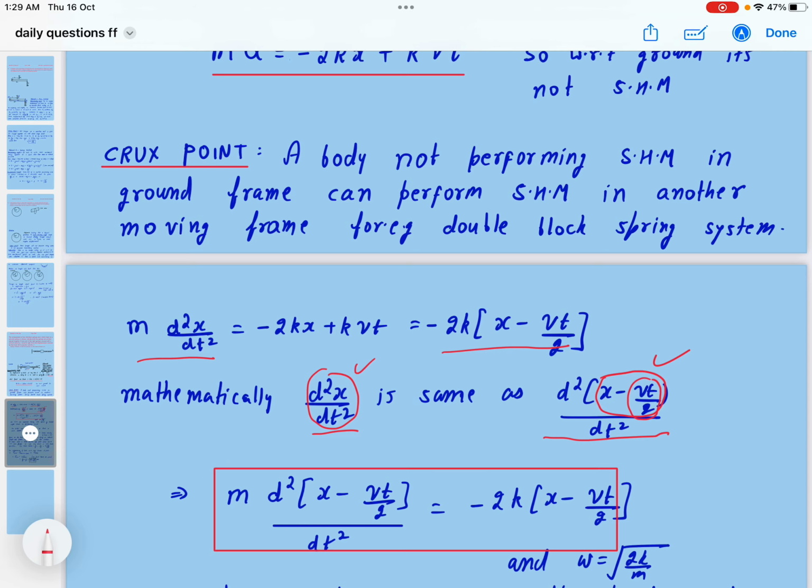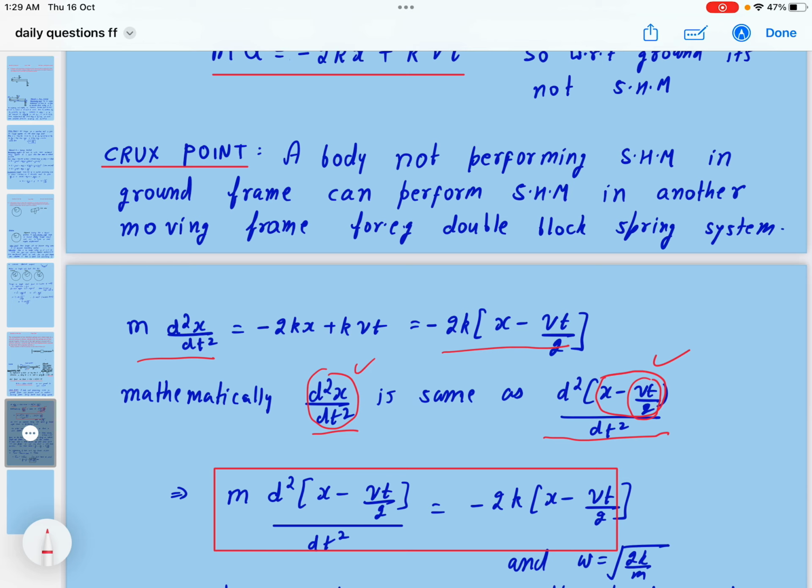It means this variable, x minus vt by 2, is performing SHM. So x minus vt by 2 performing SHM means what, beta? It means the block is performing SHM with respect to a moving frame, a moving frame which is moving towards right with the velocity v by 2.